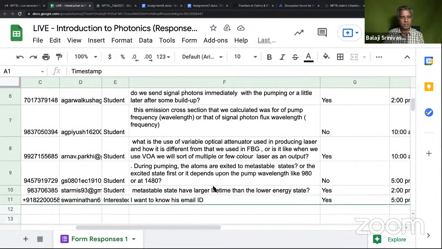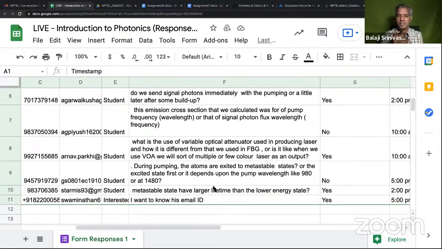So let's move on. So the other question that I see here is, the emission cross section that we calculated was for pump frequency or that of signal photon flux wavelength. So that's actually a very twisted question. I think what this person means is probably the signal wavelength or frequency.